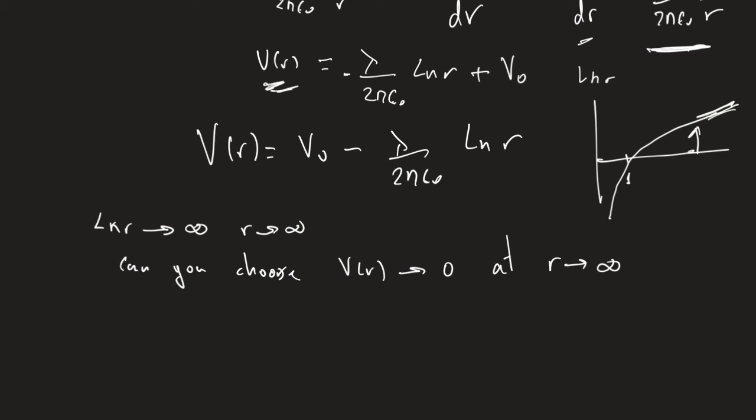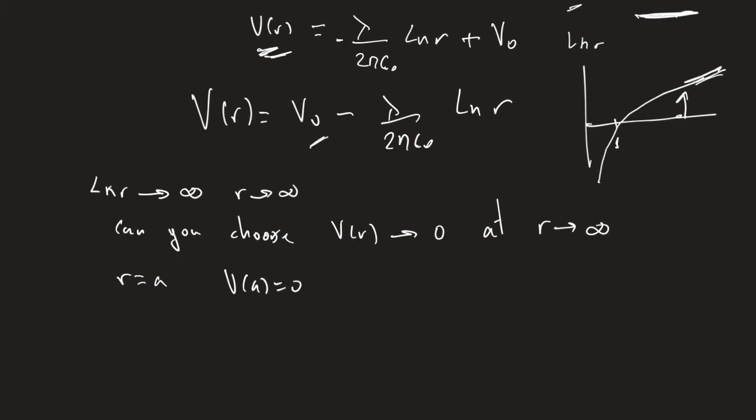If you want to choose a point where the potential is 0, you will do it like this. Let's say I want to choose r equal a, some point, where V of a is 0. So I will plug into this equation and find my V0. V of a will be V0 minus lambda divided by 2 pi epsilon 0 times the log of a.